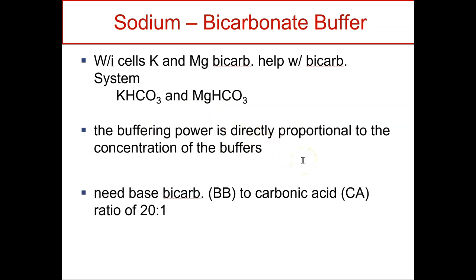And we know we have to have a certain ratio of this for it to function properly. We have to have a base bicarb to carbonic acid ratio of 20:1. So for every carbonic acid molecule, we need to have 20 bicarbs for this system to work properly. If we start to run out of them, we're going to have an issue. So if we were to drop our ratio, so maybe it was 10:1, now I only have 10 bases for every acid. Well, I'm going to expect this when I'm in an acidosis state.